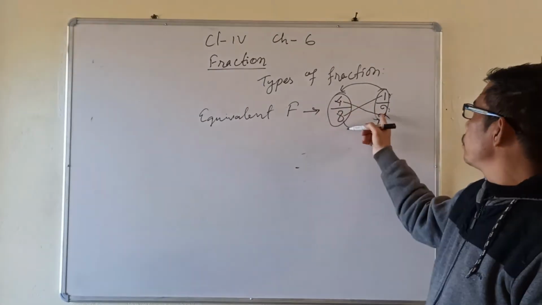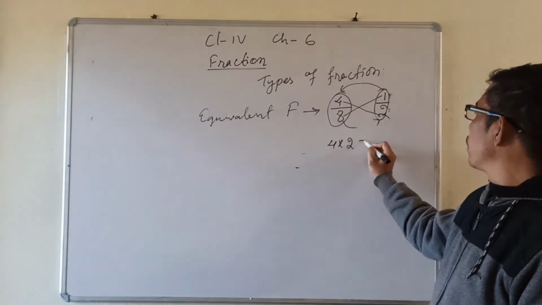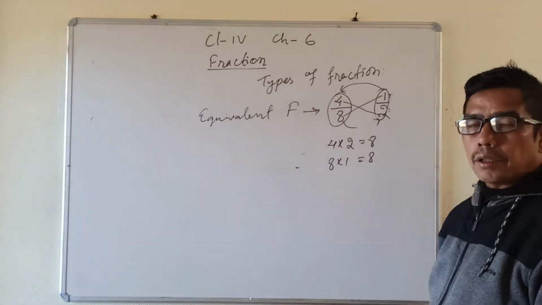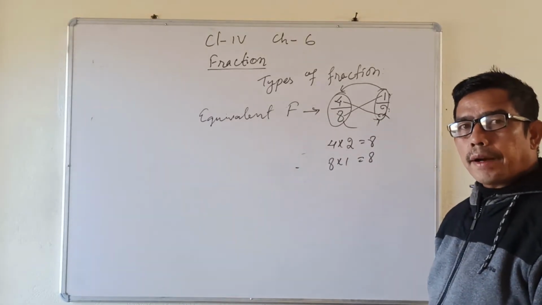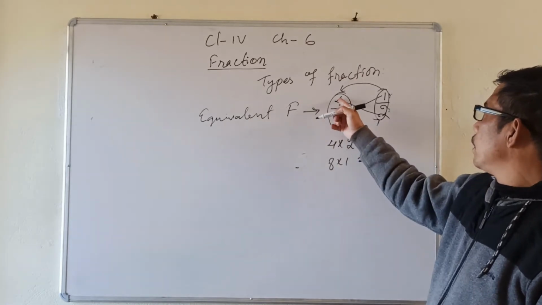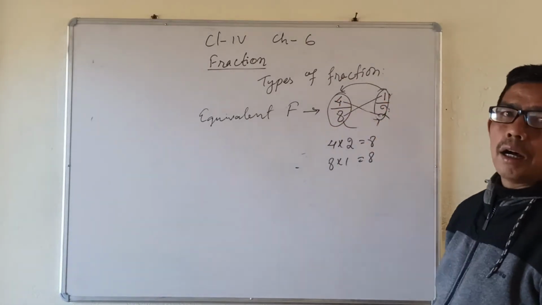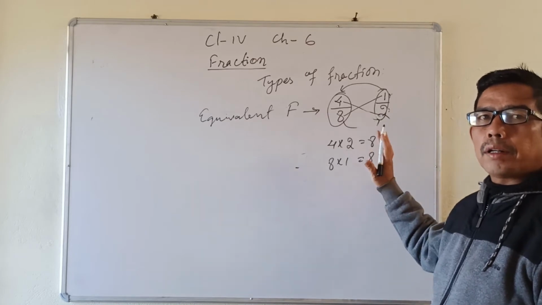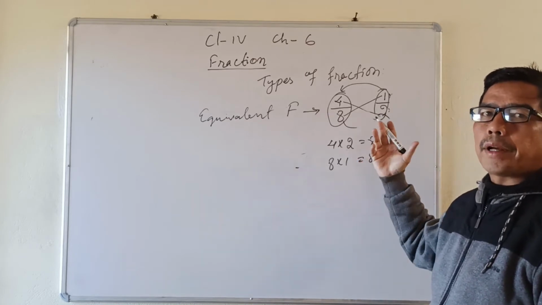That is, 4 2s are 4 into 2 equal to 8, and 8 into 1 equal to 8. So, if two fractions are equivalent, then the cross multiplication of the numerator and denominator should be equal. If not equal, then the fractions are not equivalent.